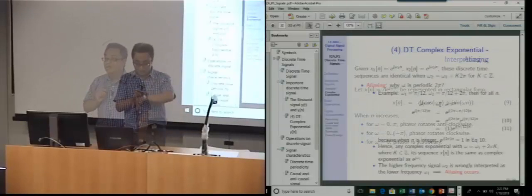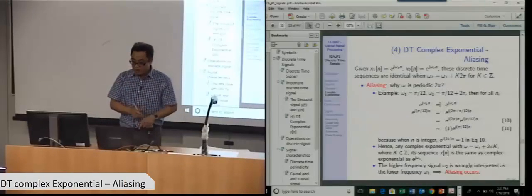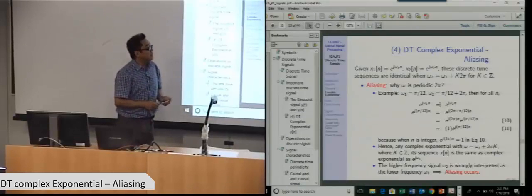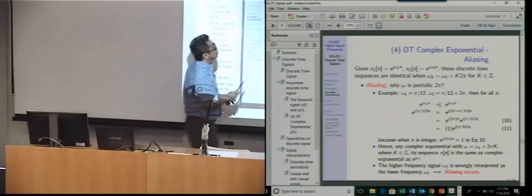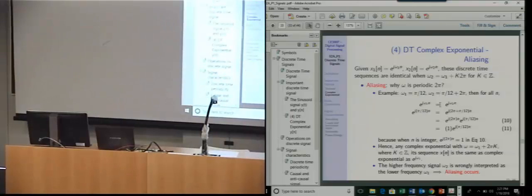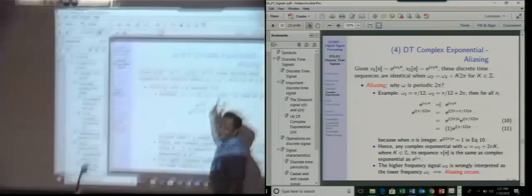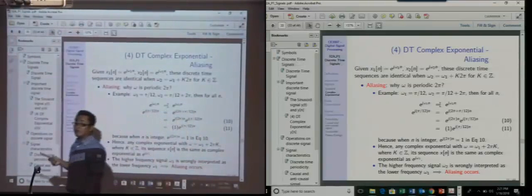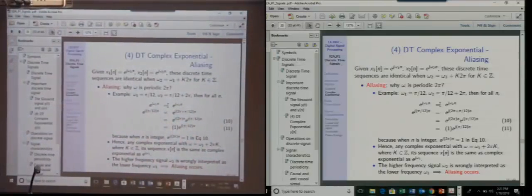I'll do this last slide very fast. The slide just says that the omega we are interested in is not unique. Every time omega plus 2 pi, the frequency you observe is the same. What does it mean? Let's use my hand moving again. My hand is moving by pi over 4.